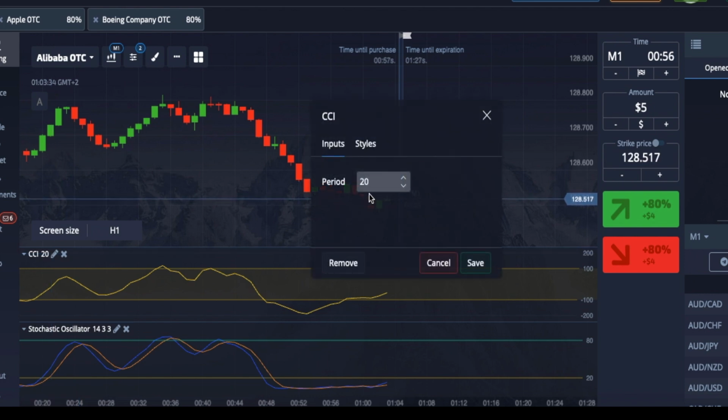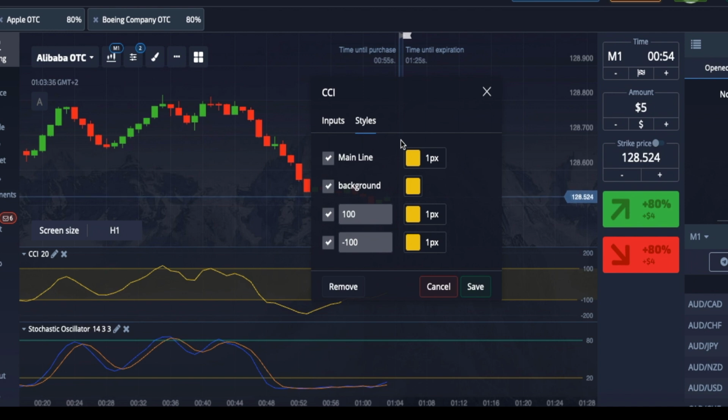Now for the CCI, I'm going to leave it on the default settings, period 20. How I use it, I try to make sure that the CCI signal is matching with the stochastic.